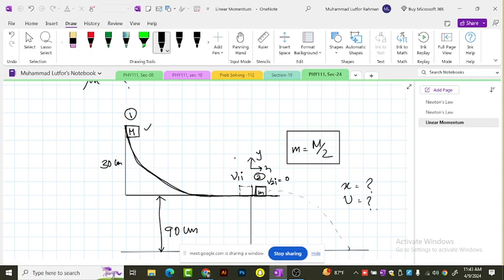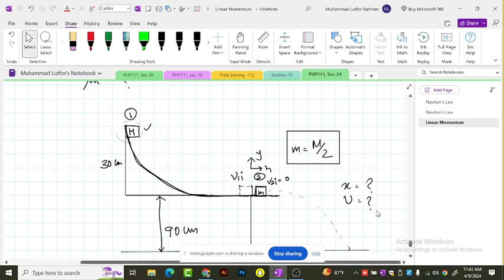That's why, although it has an initial velocity 0 since I release it from rest, that's not the V1I for the momentum conservation equation. It has potential energy that is converted to kinetic energy. We are looking for that one. That is the V1I over here.